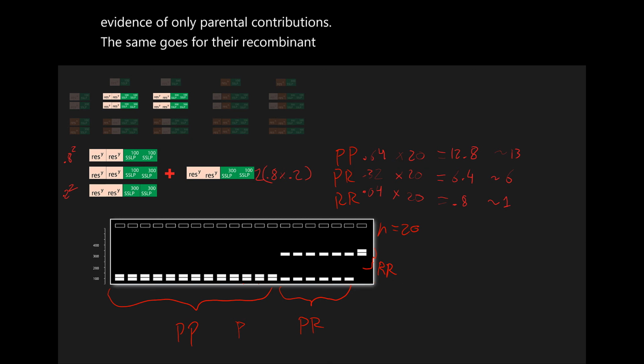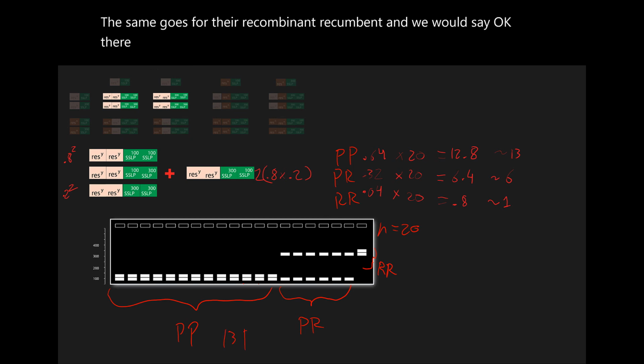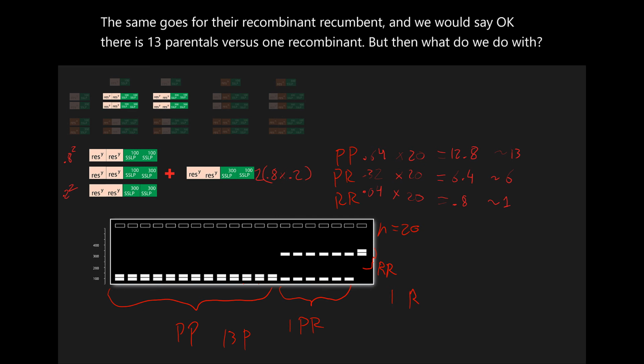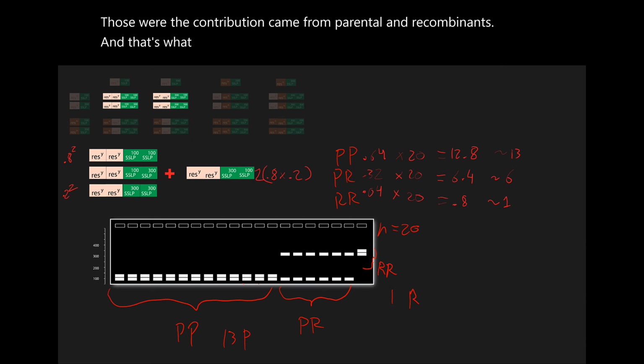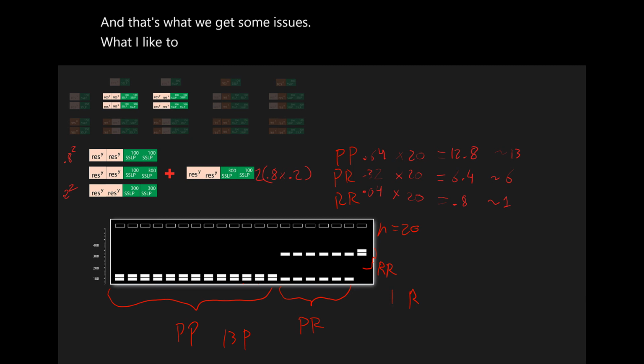And we would say, okay, there are 13 parentals versus 1 recombinant. But then what do we do with those where the contribution came from parental and recombinant? And that's where we get some issues. What I like to do is simply divide this number by 2.